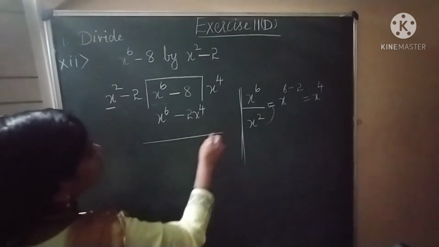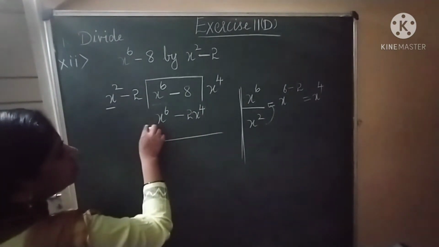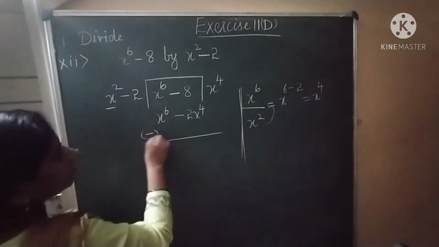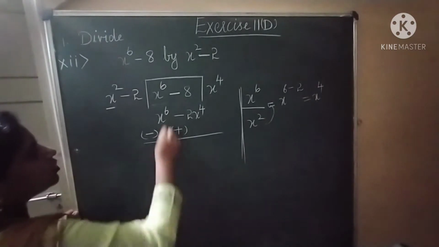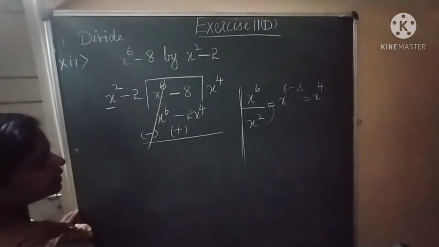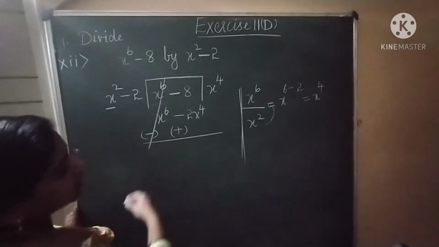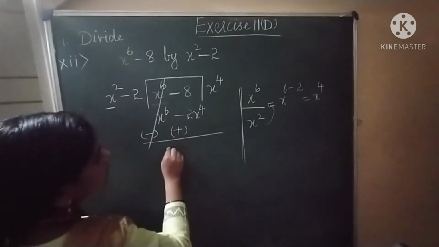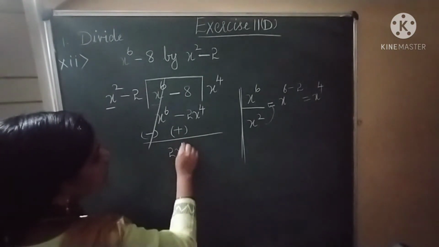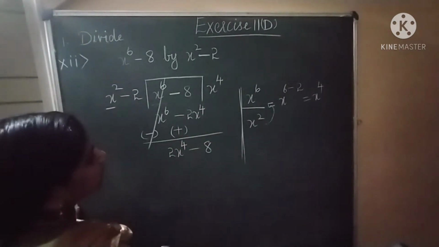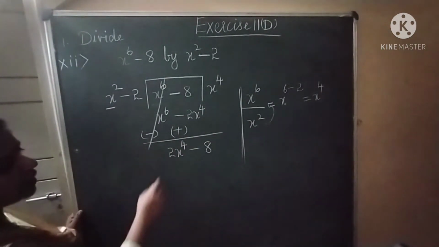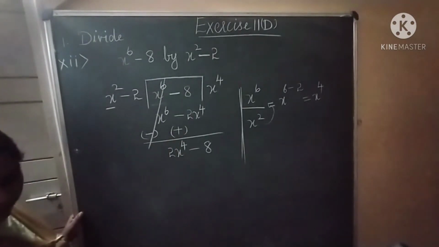Draw a line below. Convert plus into minus and minus into plus, so the x to the power of 6 terms get cancelled. You remain with 2x to the power of 4, and bring down this minus 8. Here it is plus sign you are considering.